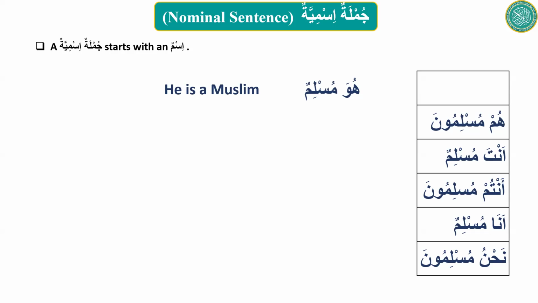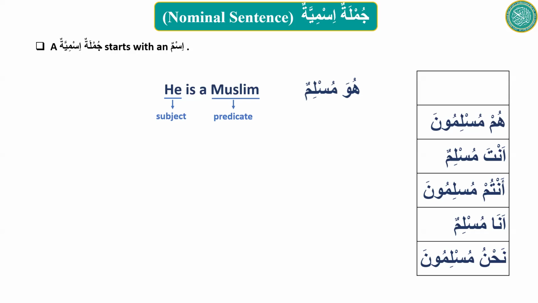The English speakers know that in this sentence, he is a Muslim, the word he is called the subject, and the word Muslim is called the predicate. Right? These are the English terms for a sentence like this: subject and predicate.